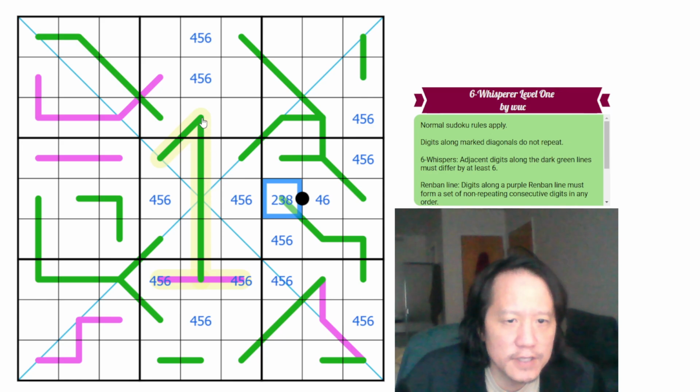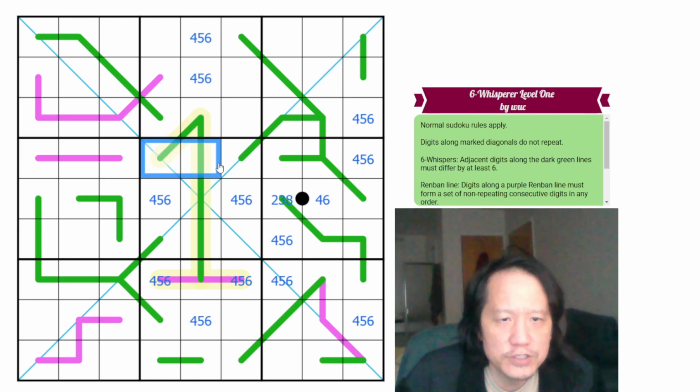Any digit that is adjacent to 2 unique digits on this 6 whisperer line has to be at least 1, 2, 8, or 9, right?